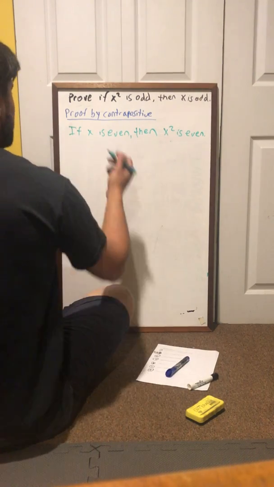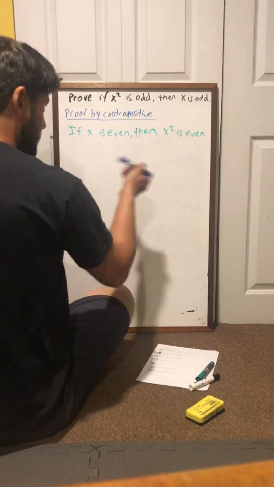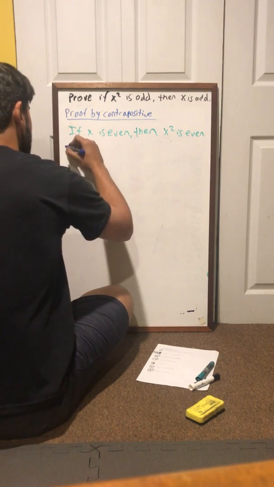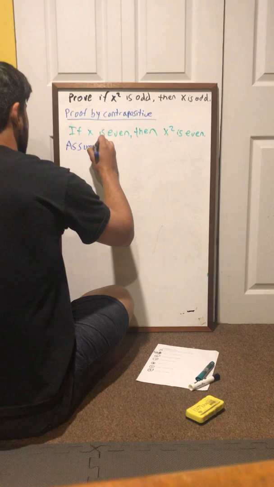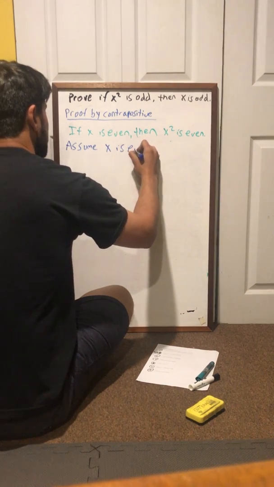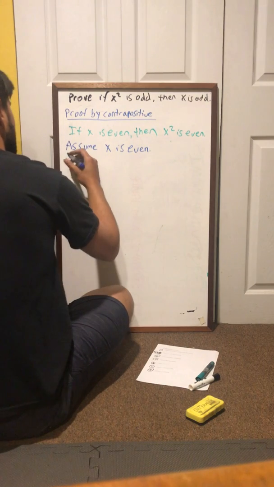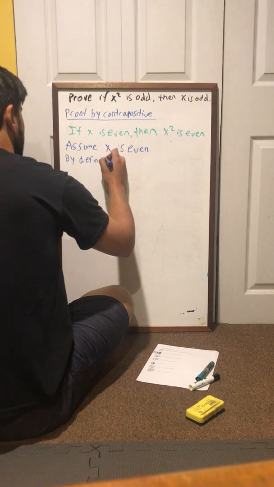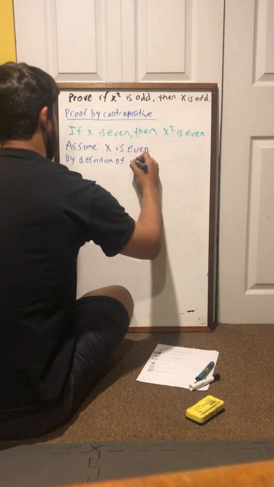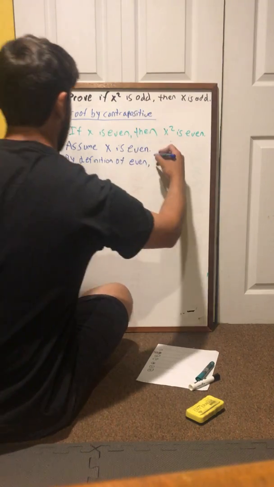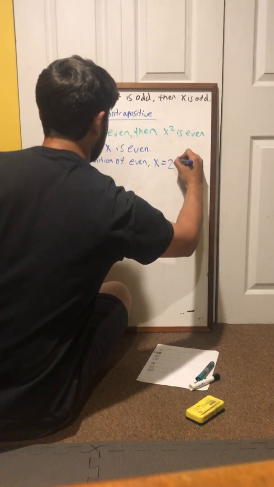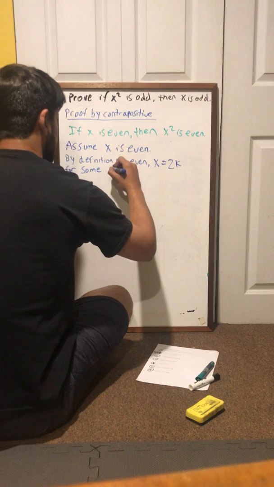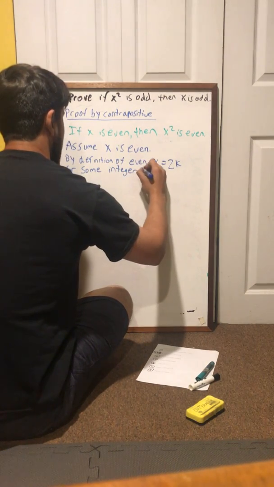All right, so now knowing the definition of even that we just went over, we'll first assume this statement here. Assume x is even. Okay. By definition of even, x equals 2k for some integer k.